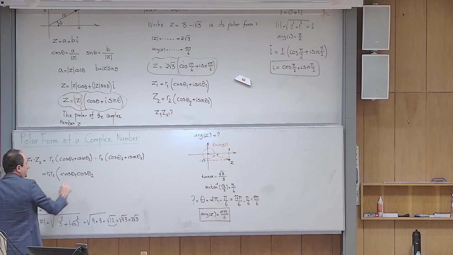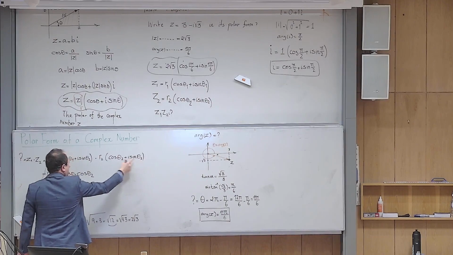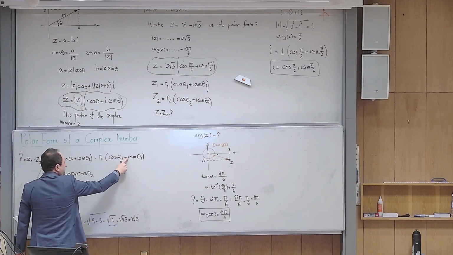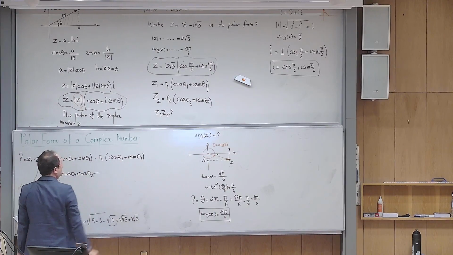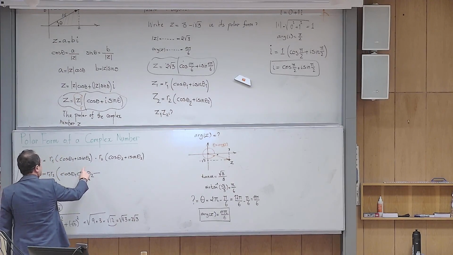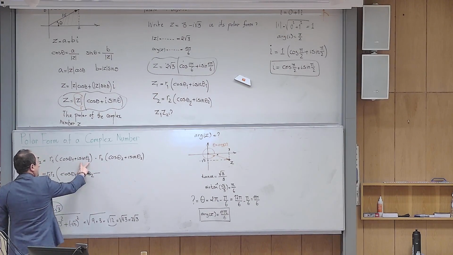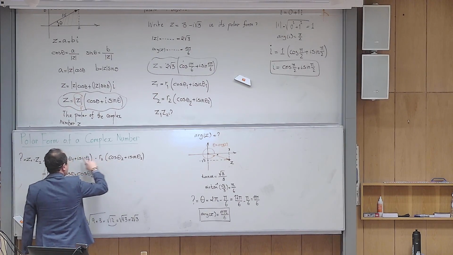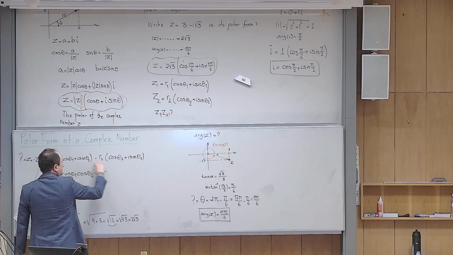And let me immediately multiply this one by the last one. I times I becomes I squared, but I squared is minus 1. Oh, I made a mistake here. This is theta 1. So I multiply this one by that one. I times I is I squared, which is minus 1. And then this one multiplied by that.